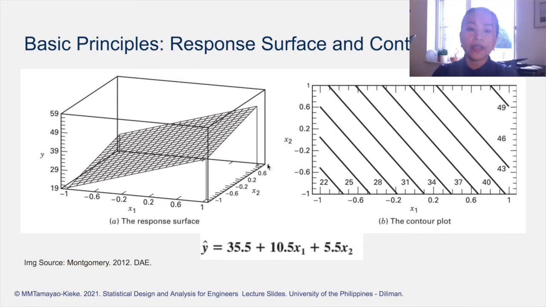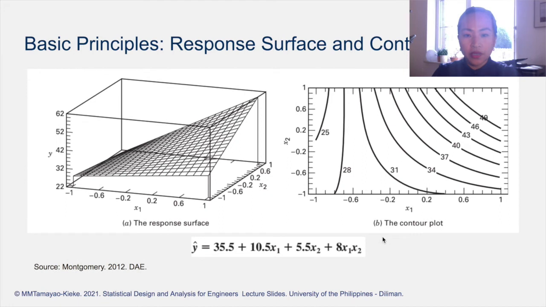On the other hand, the contour plot shows the lines for constant response y in the x1, x2 plane. Now, since there is no interaction in the example we just discussed, the response surface is a plane, while the contour plots are parallel straight lines.